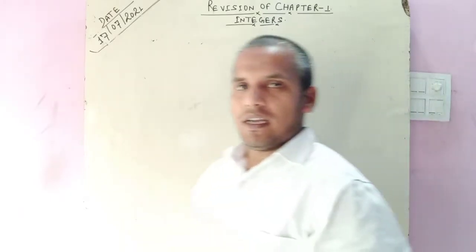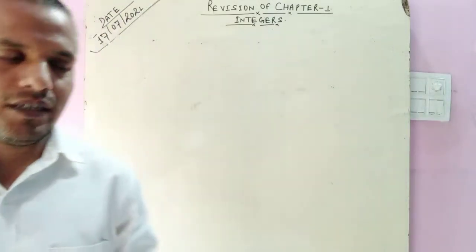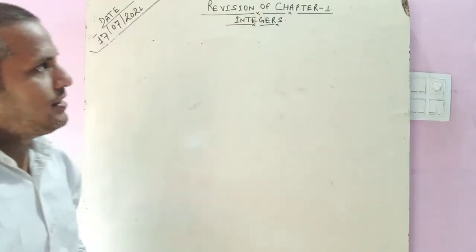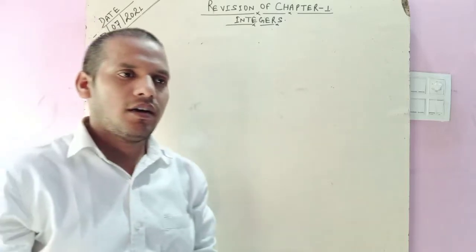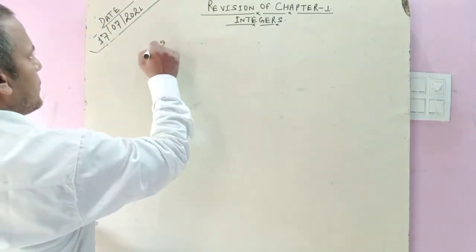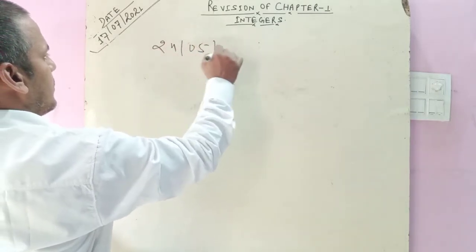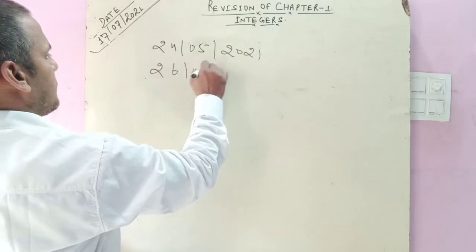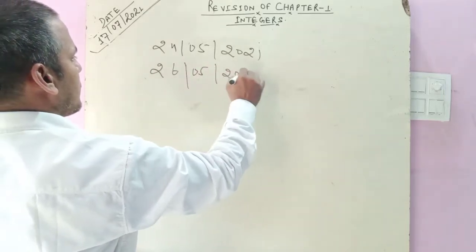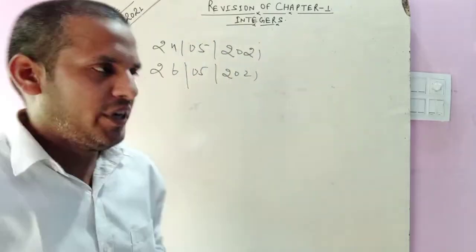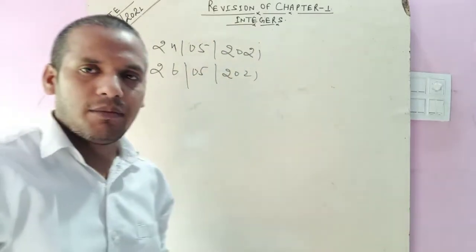Now today we will again discuss the revision of chapter 1, integers, which we have already discussed in revisions on 24 May and 26th of May. I have already uploaded the revision of chapter 1 and chapter 2.